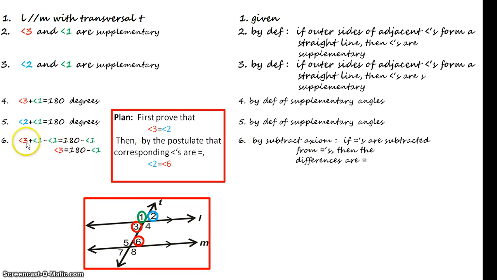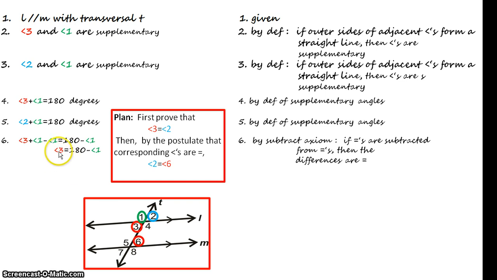Angle 3 on this side is the difference, and this is the difference on that side, so these differences are equal. That's just something we always take for granted, but this is why we can state that.